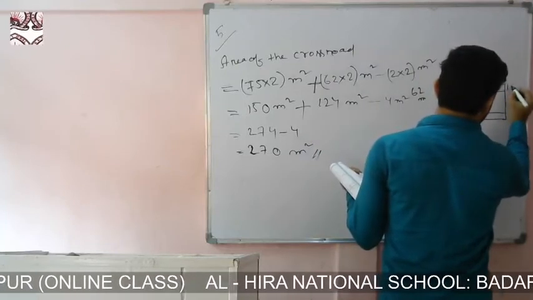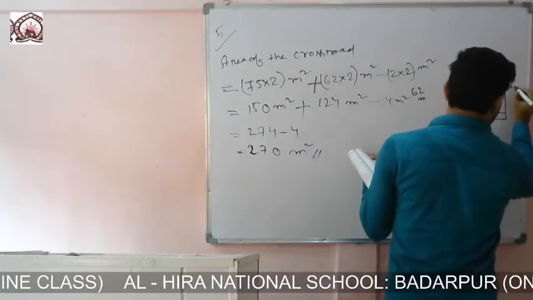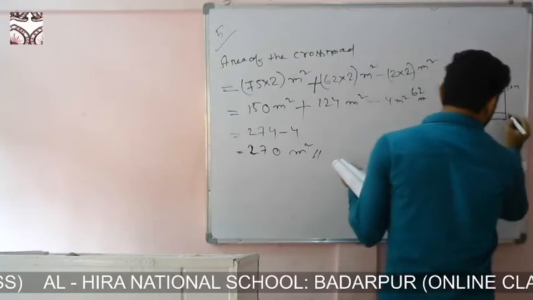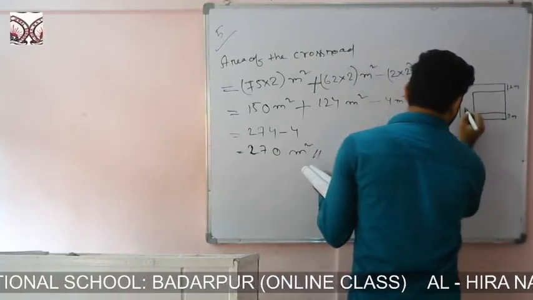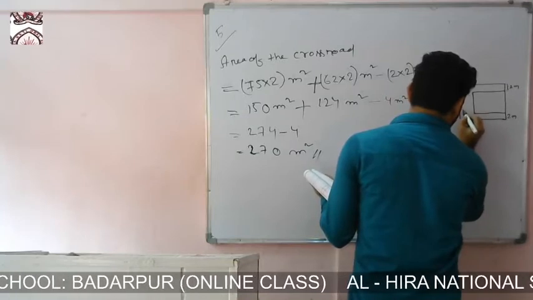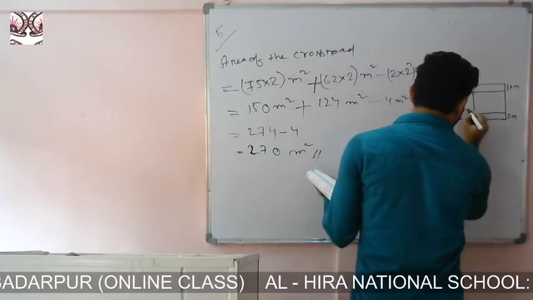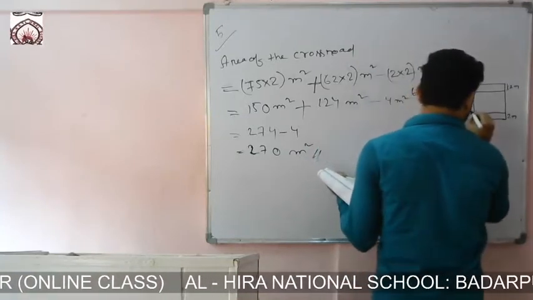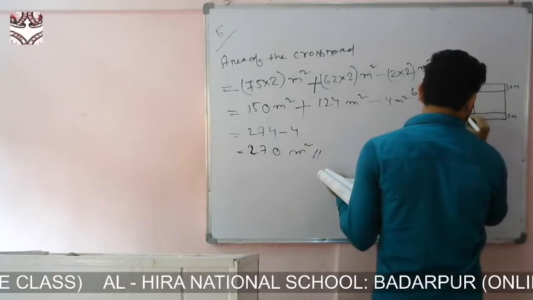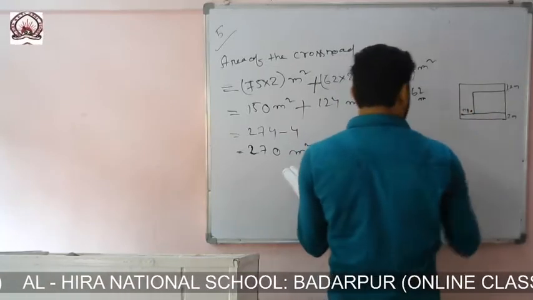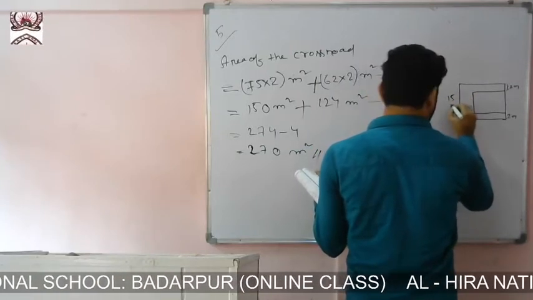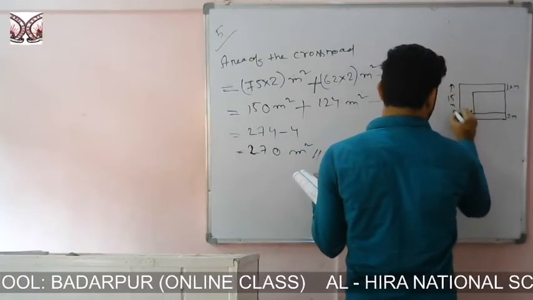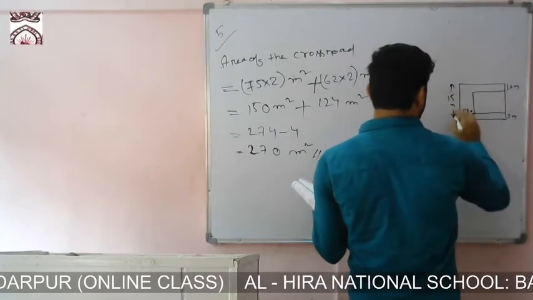This portion is 2 meter. Obviously this will be 2 meter. This portion is 5.4 meter. That means this portion is 5.4 meter. This portion is 15 meter. This area is 15 meter.